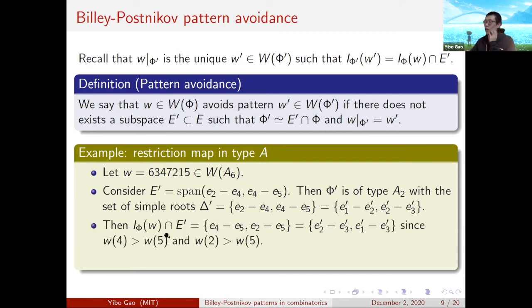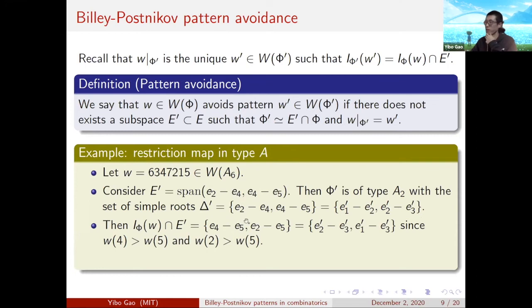Now I look at the intersection of the inversion set of W with the subspace E prime. I want to know whether, for example, E2 minus E4 is in my inversion set. E2 minus E4 is in my inversion set if and only if 3, which is the second element, is greater than 7, which is the fourth element.